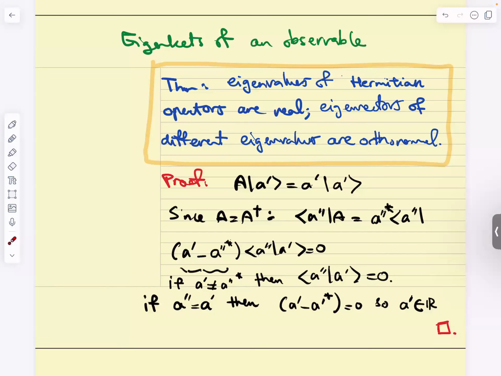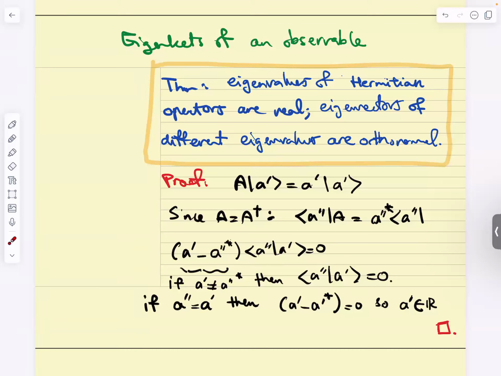Now let me prove a theorem about what is special about self-adjoint Hermitian operators. Hermitian or self-adjoint, I use them interchangeably. They're the same thing in finite dimensional Hilbert spaces. If we have a Hermitian operator, there are some nice facts about it. First, the eigenvalues of Hermitian operators are real.